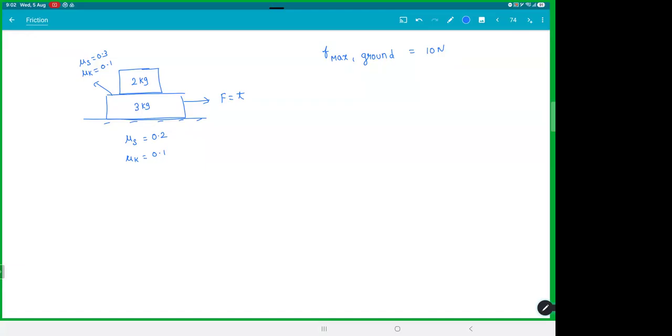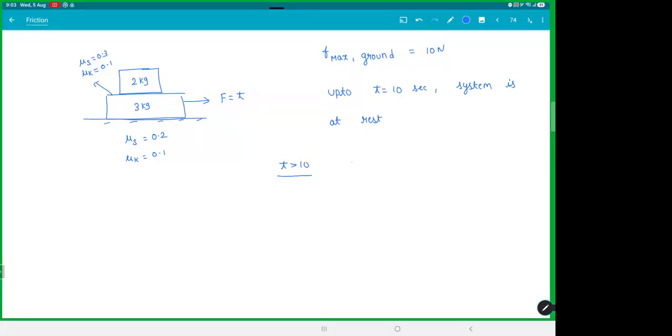So unless you break this, you're not going to move. So up to 10 seconds, the system is at rest. Great, that was clear.